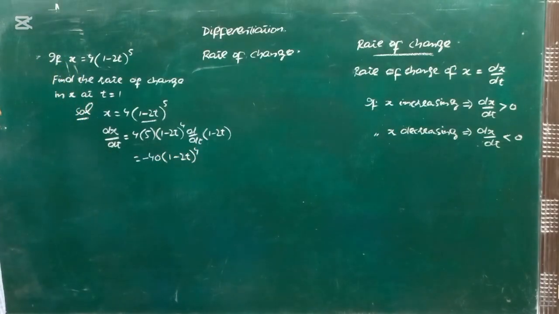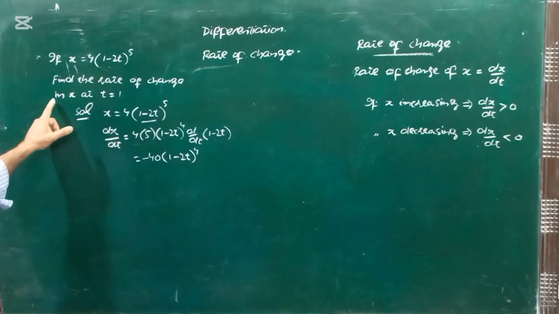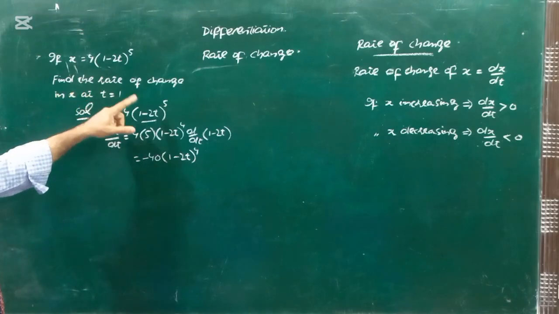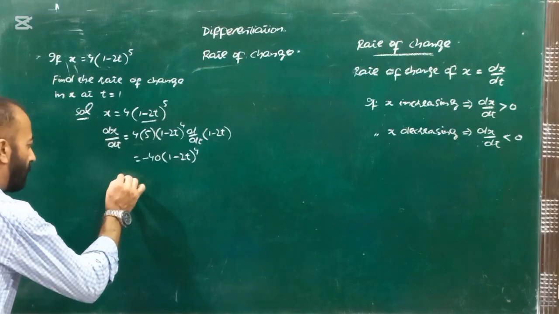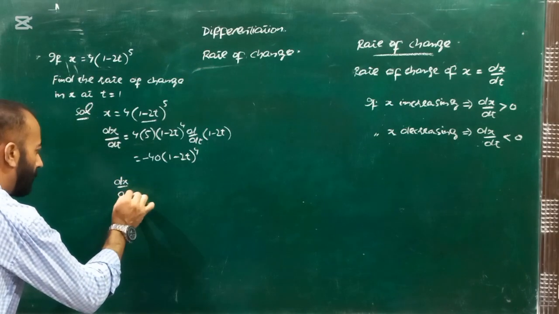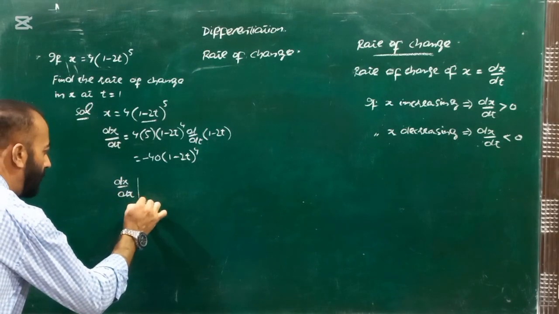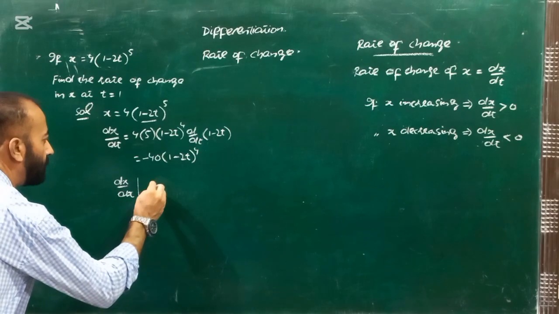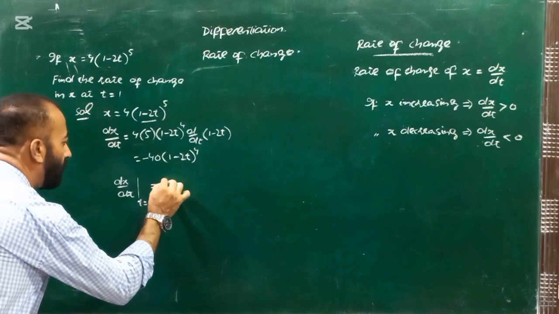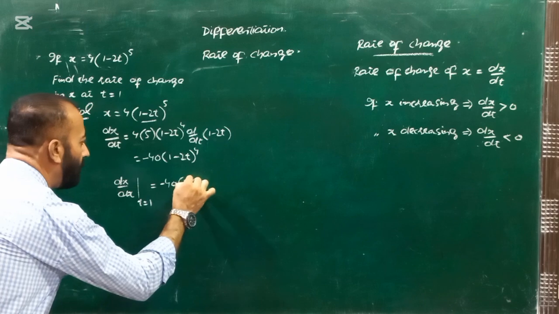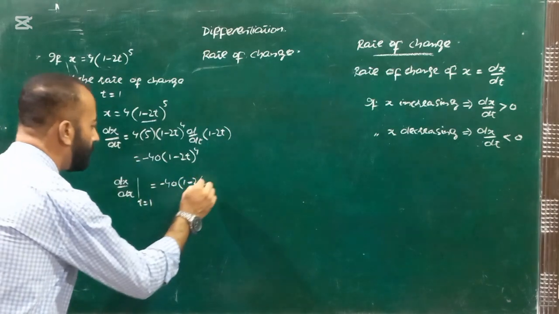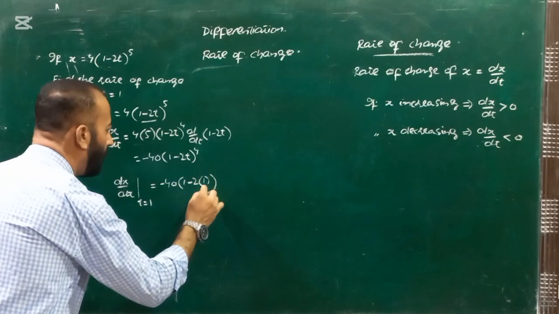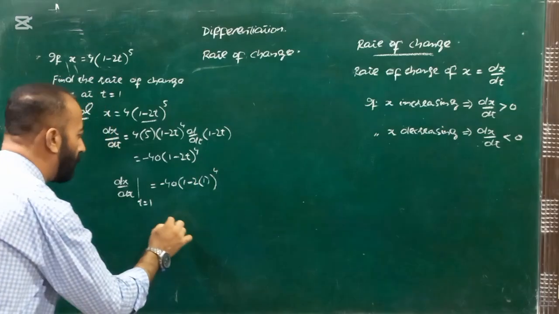So this is dx over dt, but we are required to find the rate of change at t is equal to 1. So dx over dt at t is equal to 1 is minus 40 into (1 minus 2, t is 1) and power is 4.